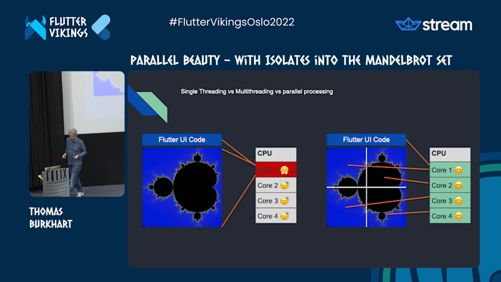I try to make this a little bit visible here. Normally, if you don't use isolates, everything will run on one core. And our goal now will be: how can we split the work across several cores? Normally I would switch to the demo now, but we will do the demo a little bit later.